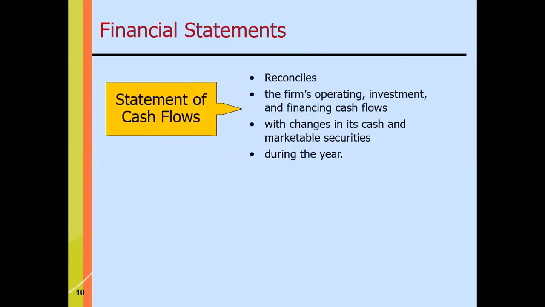Next for financial statements would be the statement of cash flows that would show us our 3 main activities. We have OIF as our acronym: operating, investing, and financing. And this would show us our changes of cash and cash equivalents during the year.